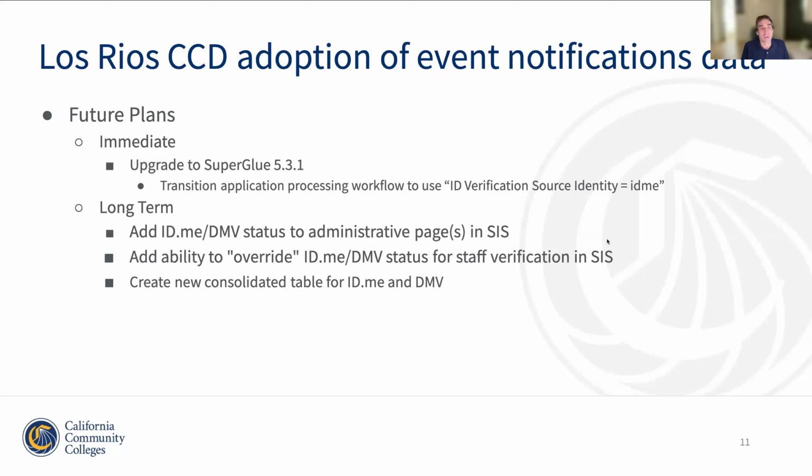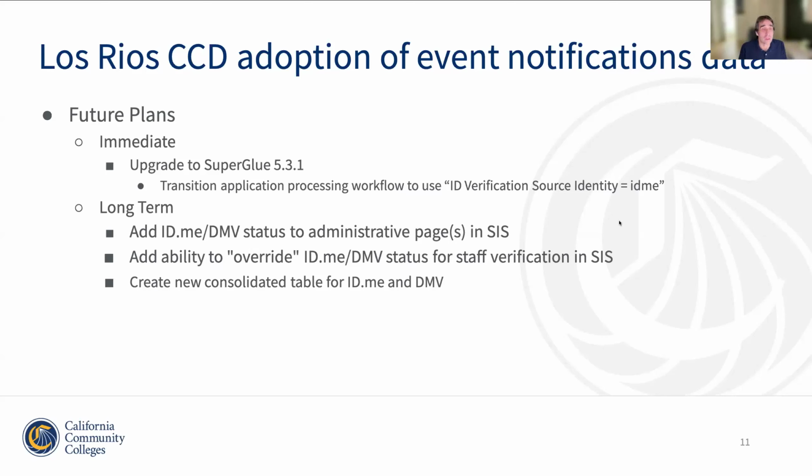With the event table, we didn't want them to have to query two tables and determine which is the latest value, so we're doing that work for them and putting the latest value into that new custom table. As the screenshots show, we have a query against that table that the financial aid office can use.